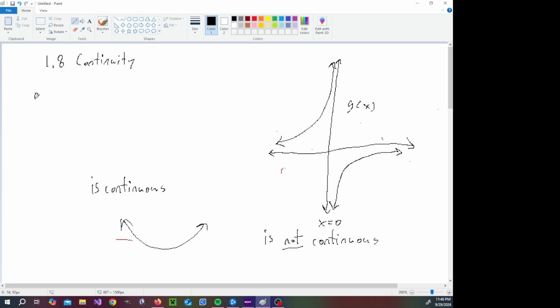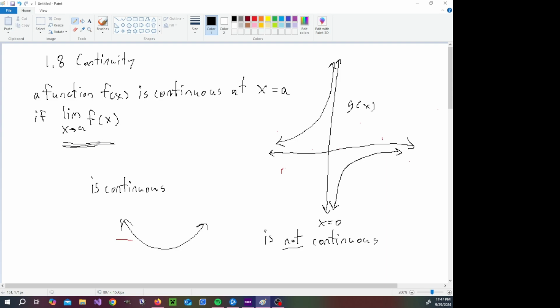And we say a function named f of x is continuous at x equals a, an x value of a, if the limit as x goes to a of f of x, so the two-sided limit that we take normally, right?